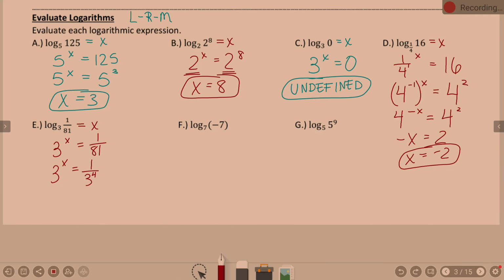So I can rewrite this as 3 to the x is equal to 3 to the negative 4th. And what do we know? If it's 3 to the x and 3 to the negative 4th, then x is negative 4. If you go back into our original exponent equation and you type in 3 to the negative 4th, you're going to get the equivalence of 1 over 81.